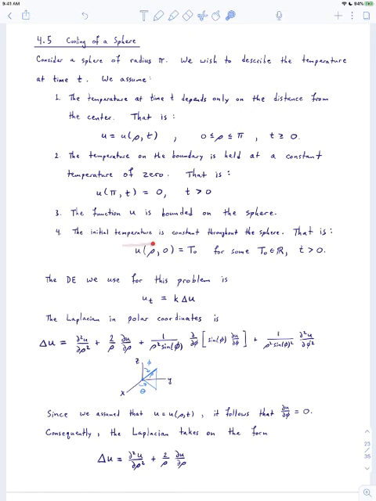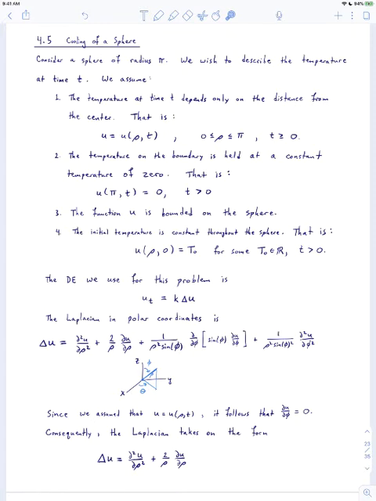We're looking at the initial temperature, so that's u at rho comma 0, and we're going to say that that is some constant temperature throughout the sphere, where t is some real number. You can imagine that it's a positive number, so that the temperature in the sphere is a positive number, and the sphere is then going to start cooling because of the temperature along the boundary.